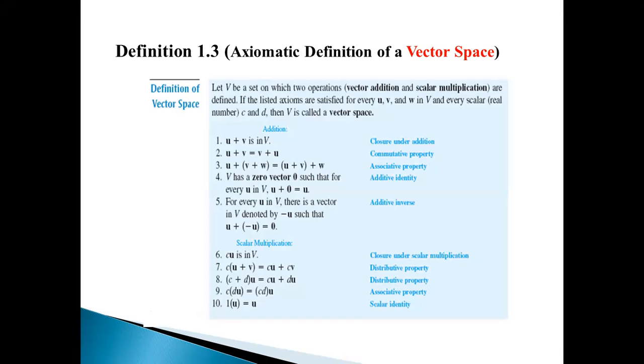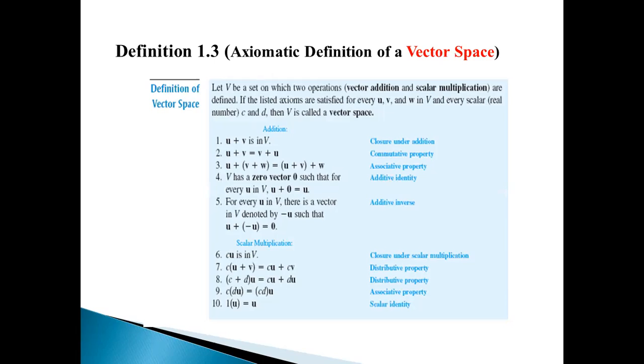Let V be a set on which two operations, vector addition and scalar multiplication, are defined. If the list of axioms is satisfied for every u, v, and w in V, and every scalar c and d, then V is called a vector space.